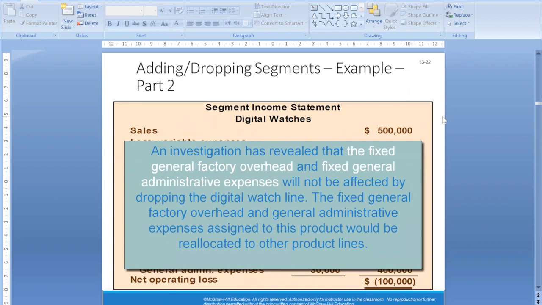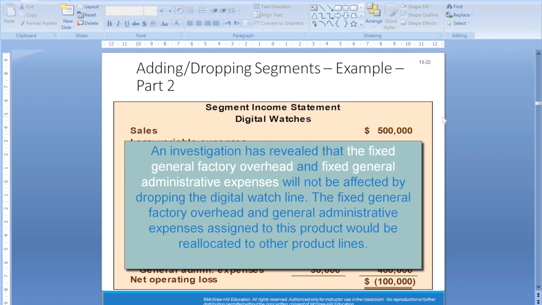Now, which is important: investigation has revealed that fixed general factory overhead and fixed general administrative expenses will not be affected by dropping the digital watch line.